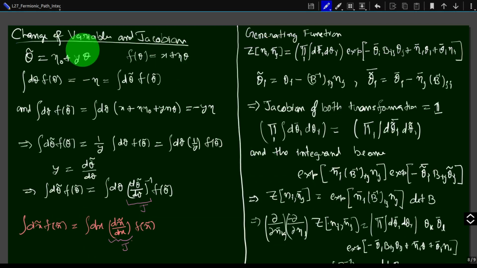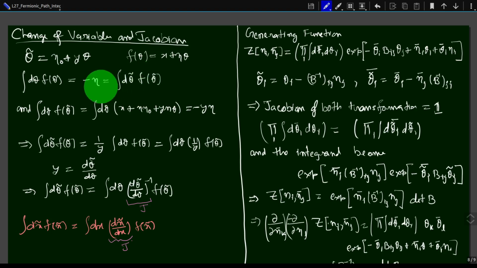Okay. Next thing, as I said, we'll discuss the change of variables, and here also we have a very strange property. So let's say theta twiddle is some eta naught plus y theta, and I have f of theta, the function for one variable, which is x plus eta theta. So what I have is the integral d theta of f of theta, which should be the same under this change of variables, as the integral d theta twiddle of f of theta twiddle.